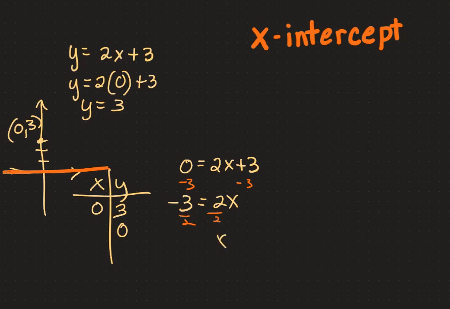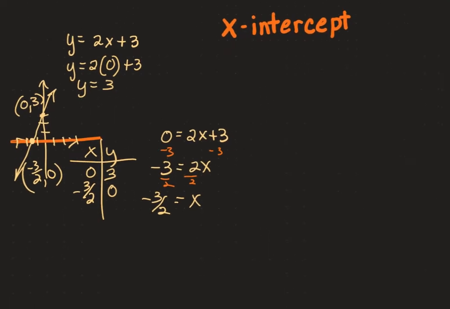So x equals -3/2. That is the x-intercept. Have to deal with a fraction, but that's okay. We can do that. So there's 1, 2, 3, but it's at negative 3 over 2, not positive 3 over 2. So 1, 2, 3. Negative 3 halves would be about right here. Negative 3 halves, 0. That's the x-intercept. There's our line.